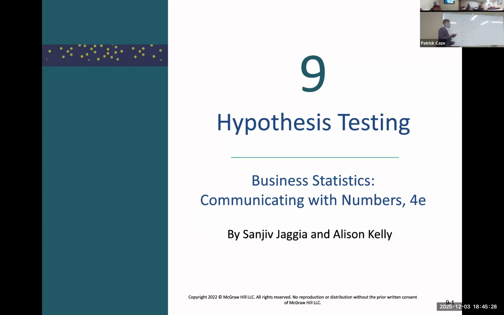If you have a sample standard deviation, you can use that as the standard deviation. In most instances, you don't know, but just say you do know because the research has been done before. You've got some previous data somewhere.